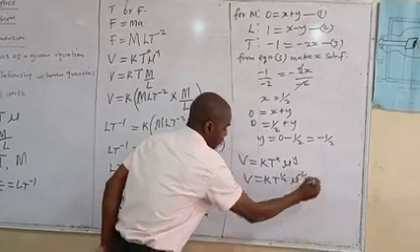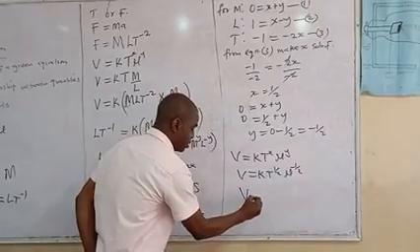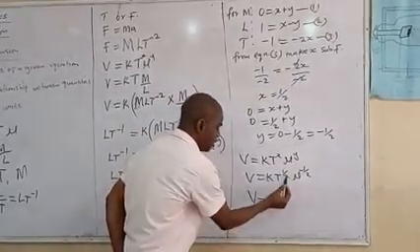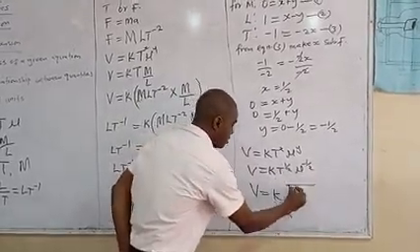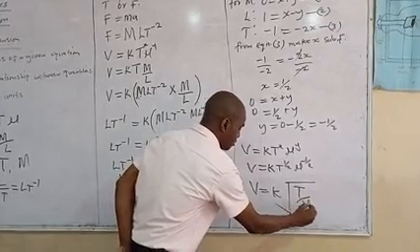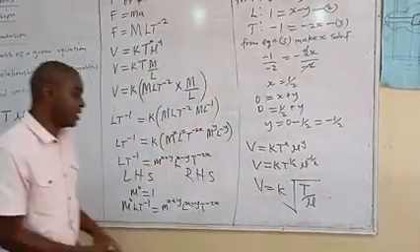Power minus half. So our equation now is complete. We now have the relationship to be V equals k, take away half, that gives us square root of T over what? Mass per unit length. Our equation is now complete.